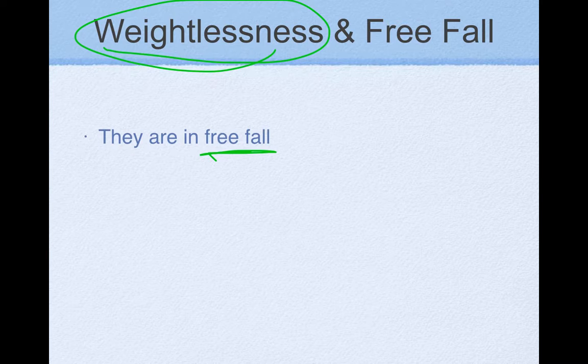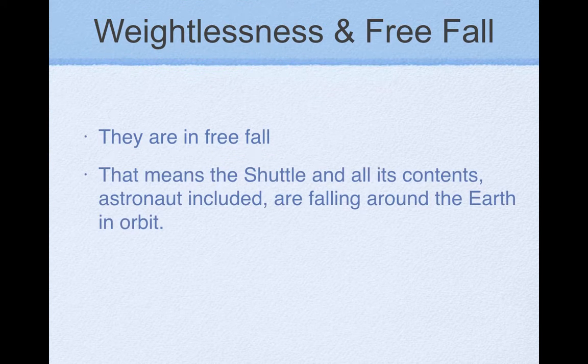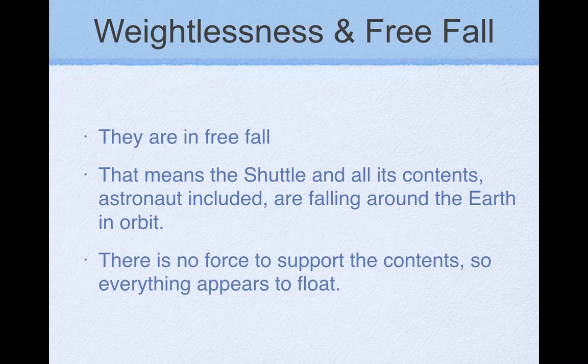And when you are free falling, you have this feeling of being weightless, but you are not actually weightless. Okay, so what this really means then is the space shuttle and everything within it are falling in the orbit. There is no force to oppose that gravitational force, so everything then appears to float.